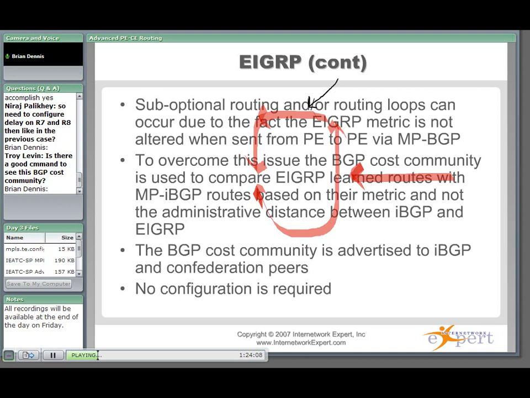Somebody said, is there a good command to see this? When we did the show ip bgp, we had that information there. Let's look at it again real quick.